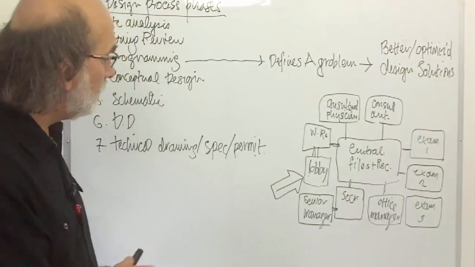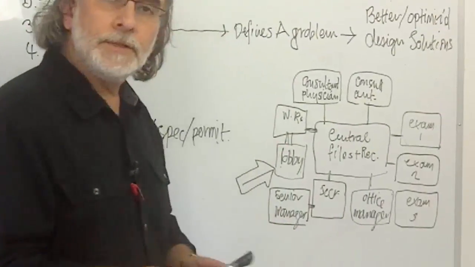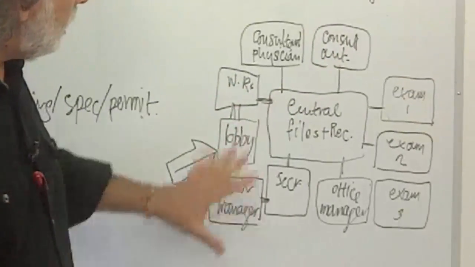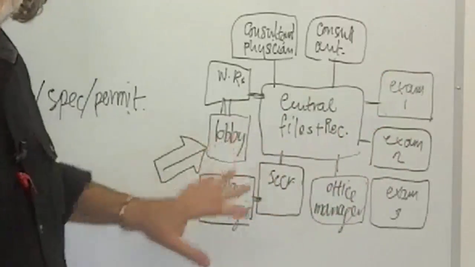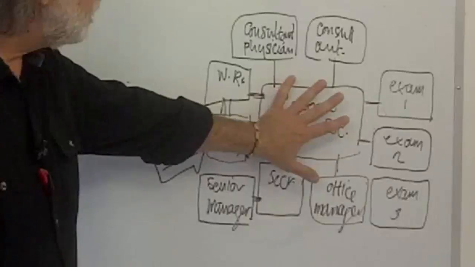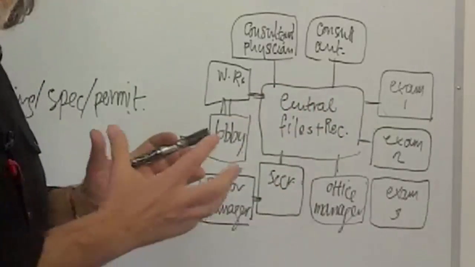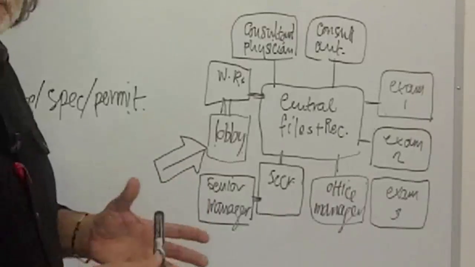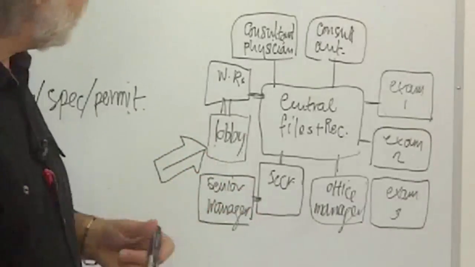So let's move here to see a bubble diagram of how these functions would be interrelated, as well as sized, in order to express the certain size of the facility itself.